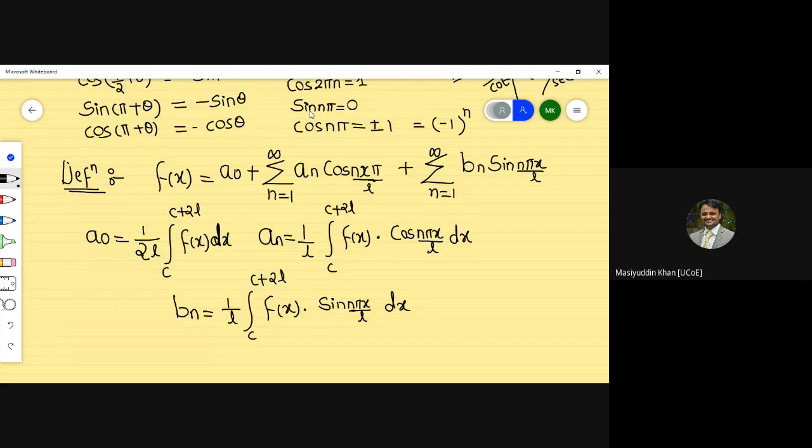यही पूरा पूरा formula है आपके लिए. You should remember these things very well and keep them for the next lecture, during the solving of the numericals.